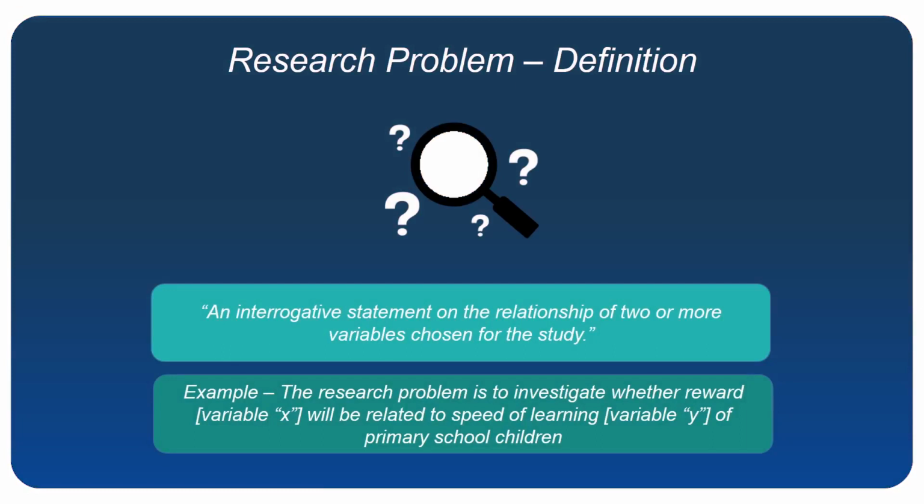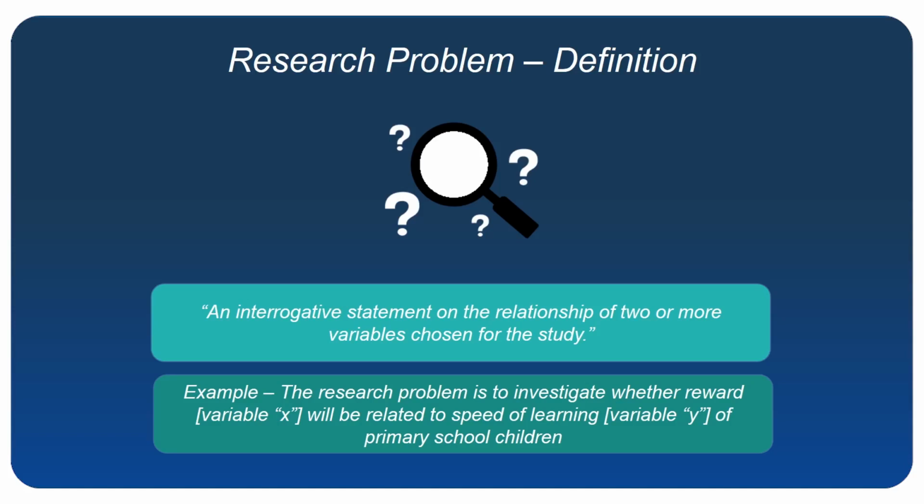What do we mean by research problem? It's an interrogative statement on the relationship of two or more variables chosen for the study. One example I can give you for explaining the concept of research problem. It is an interrogative statement. The word interrogation would automatically mean it's a question, but a question in the form of a statement.